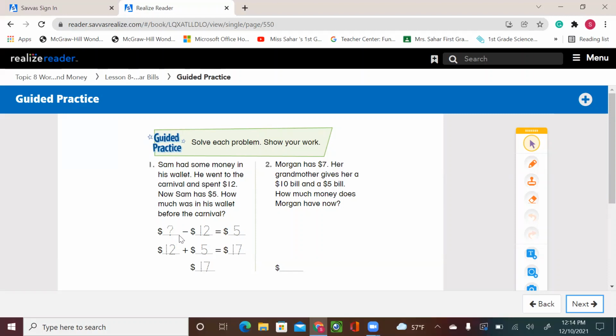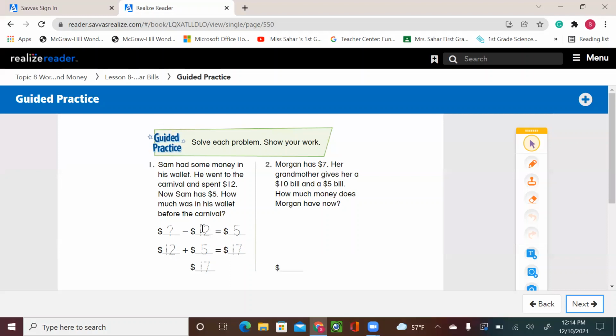So what I'm going to say is $12 plus 5. So $12 plus 5 equals 17. That means Sam had $17. He spent $12, which means 17 take away 12, and that's why we have $5 left. So now I know that Sam went to the carnival and he had $17 in his wallet.